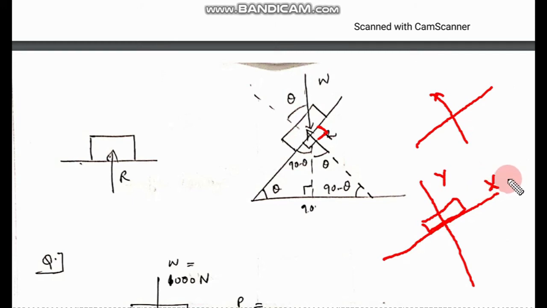Both x and y axes will be inclined because the body is inclined. So you understand the difference. When you have a body kept normally like this, the axes will be normal, but when it is inclined, accordingly the axes also will be inclined.